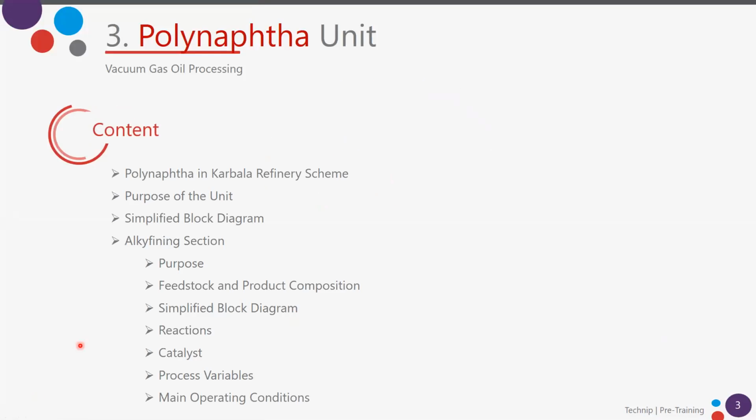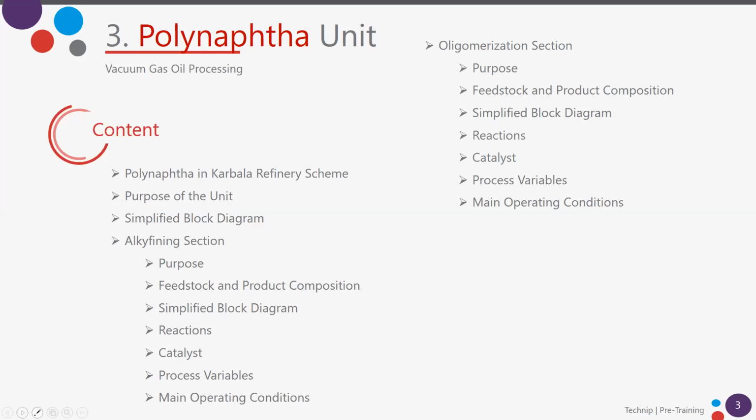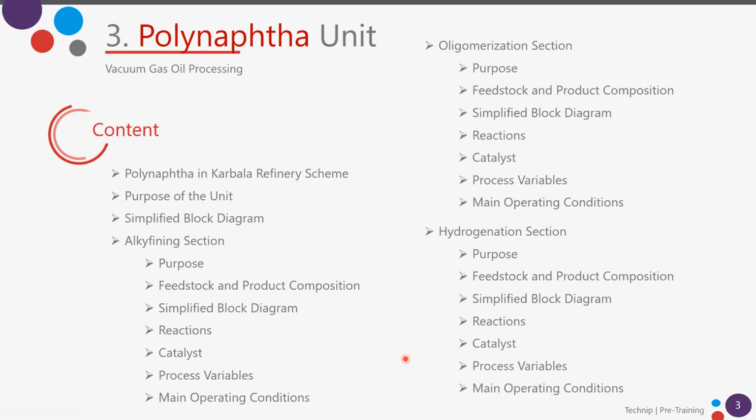We will see today, as usual, the polynaphtha in the Carvala refinery scheme, the overall purpose of the unit, and the simplified block diagram. In this unit we have three sections: the alkyfining, the oligomerization section, and the hydrogenation section.